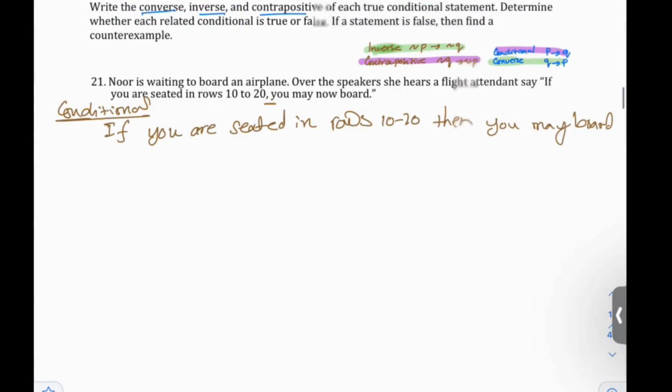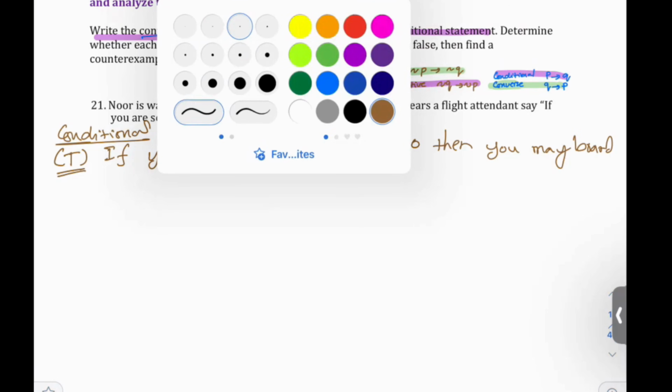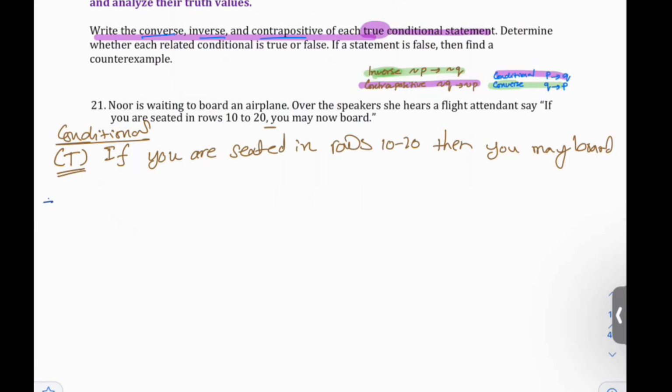Normal one. He said here in the question, write converse, inverse, and contrapositive for each true conditional statement. So this is considered to be true. So هذا true. أصلا true. It's given to be true. Now we will find the related conditional statement as we have discussed now.